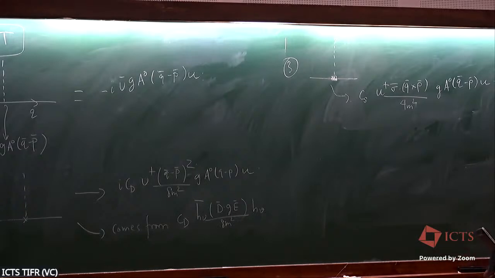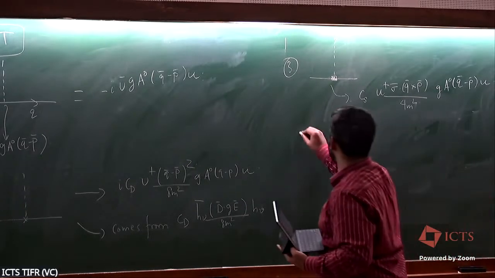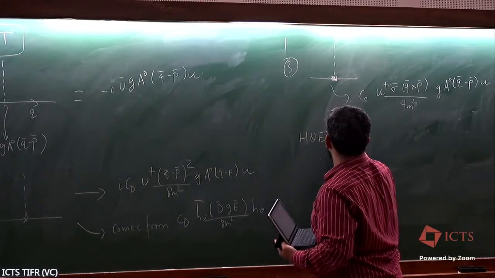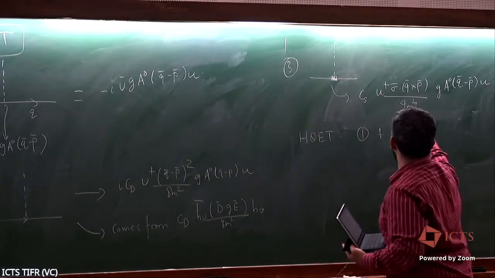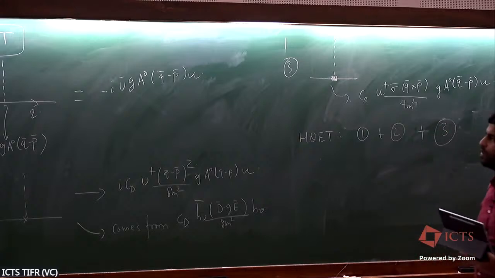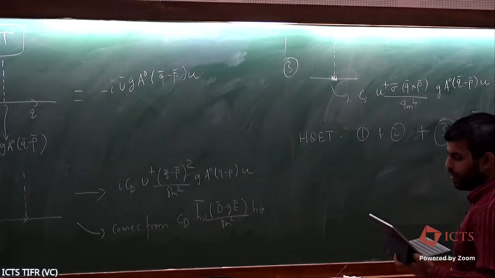So now basically HQET is 1 plus 2 plus 3. So you sum up all these terms.